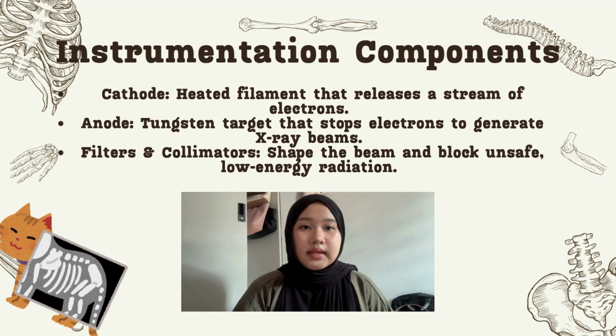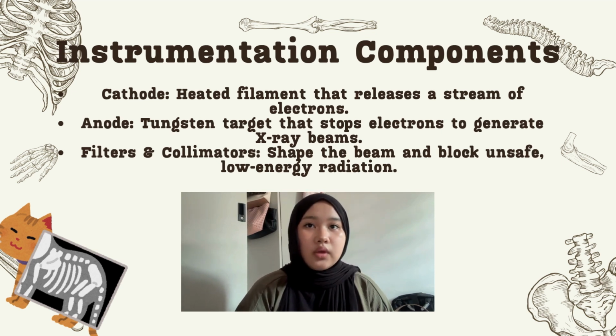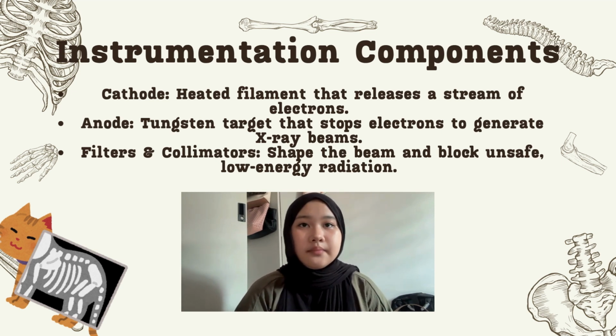This begins at the cathode, which houses the tungsten filament. When we apply an electrical current, this filament heats up and releases a cloud of electrons through a process known as thermionic emission.